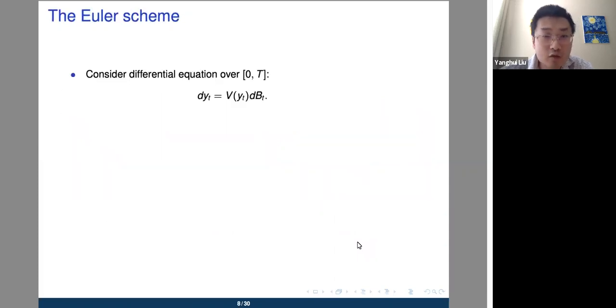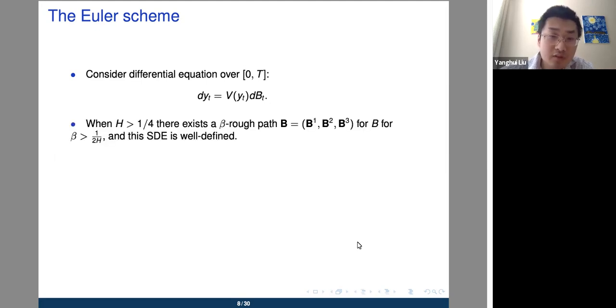Okay, let's come back to the differential equation, dy equals v of y dB. Here we use the fractional Brownian motion as our driving process. As we have mentioned, the SDE is well defined if we have a proper assumption on the Gaussian process.